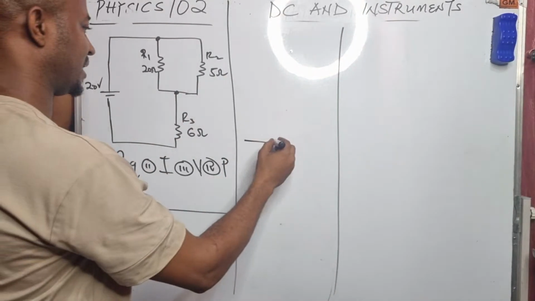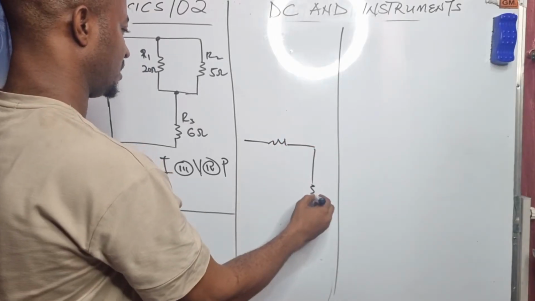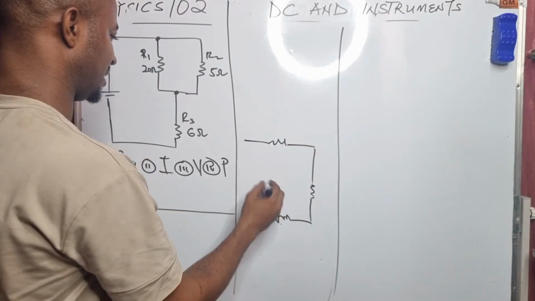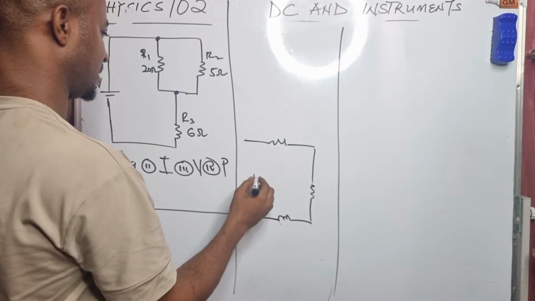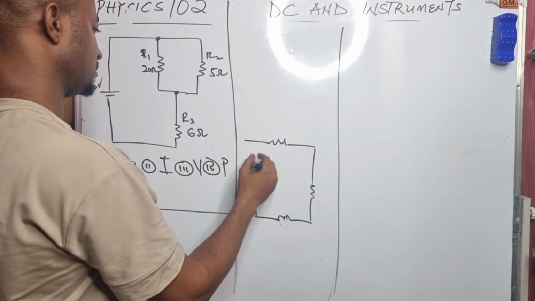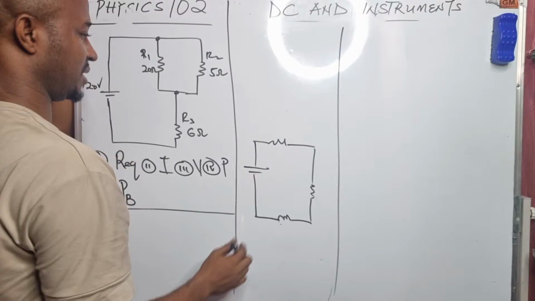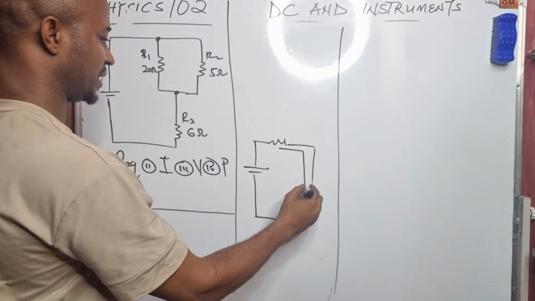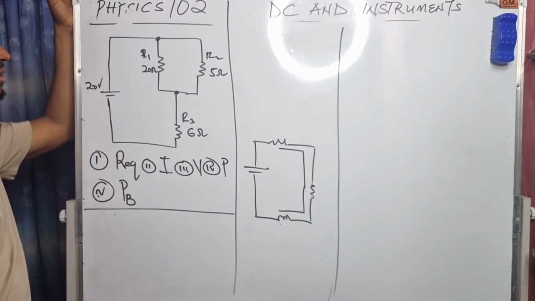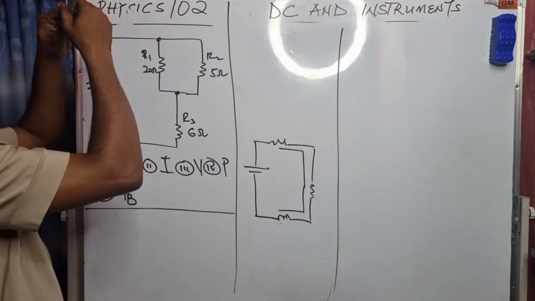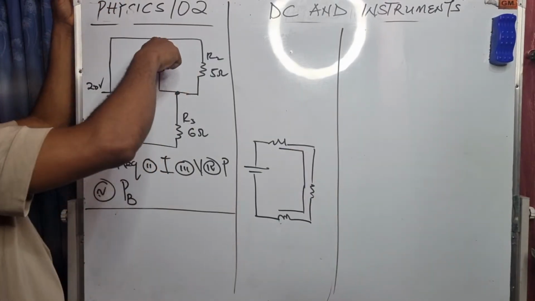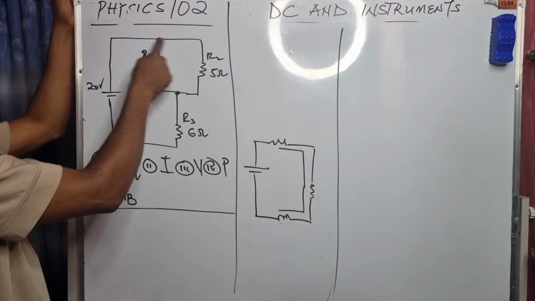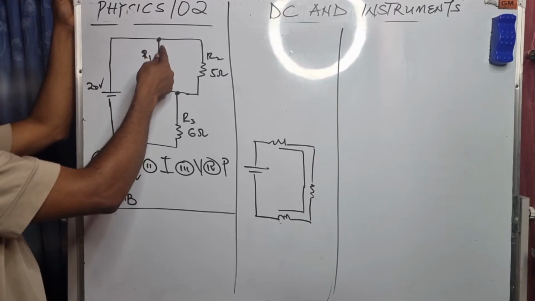But if I have a circuit like this, where nothing is separating them, are you seeing this? This is a series arrangement. They are connected end to end. But for this, by the time we move down this way, there's a node here, there's a node here. I have a branch, I have another branch.